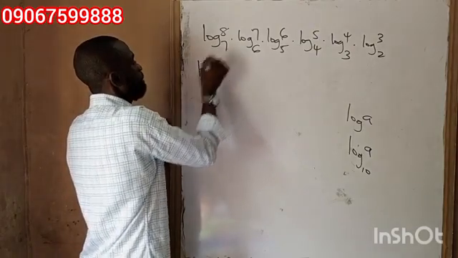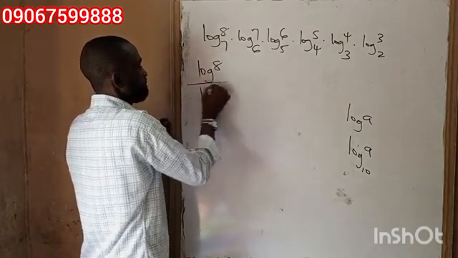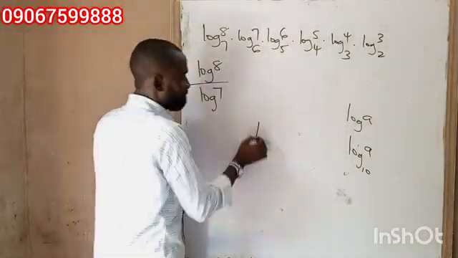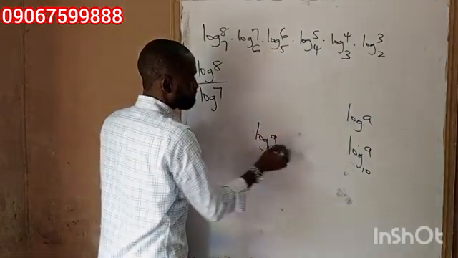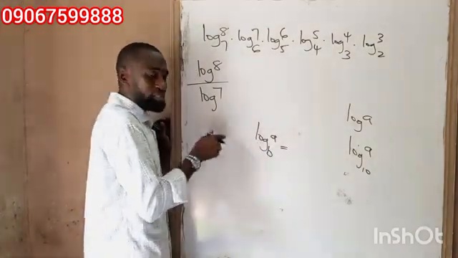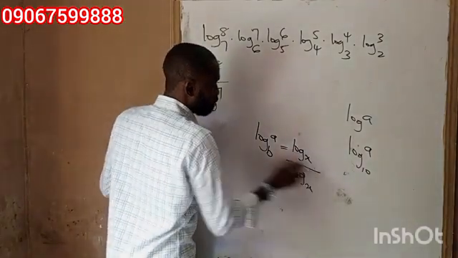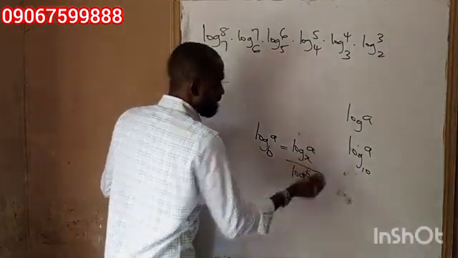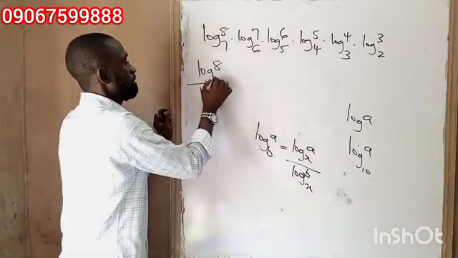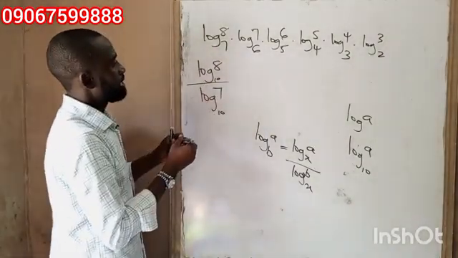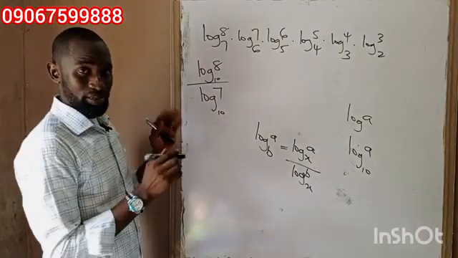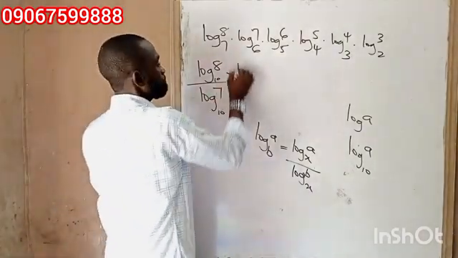Let's go together. Log 8 over log 7. You remember, we said if I have log of A base B and I want to change to base X, it will be log of A base X on top, all over log of B base X below. That's what I did, to base 10. Then 8 will be up, then 7 will be down. Is it clear? So times the same thing.